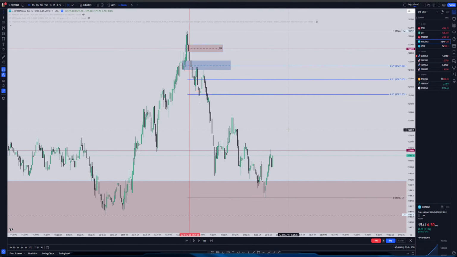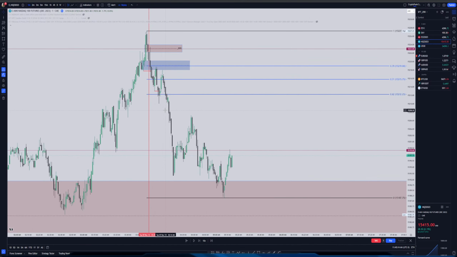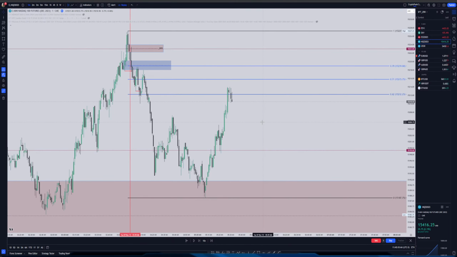So let me give you exactly where I thought I would enter, but let's go to the retracement area. During this retracement I placed my order here, right around this fair value, since that is aligning with my OTZ, the 6 on level and the 6 to 7 on level.